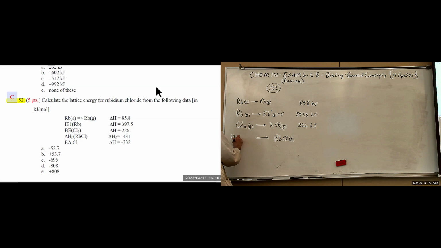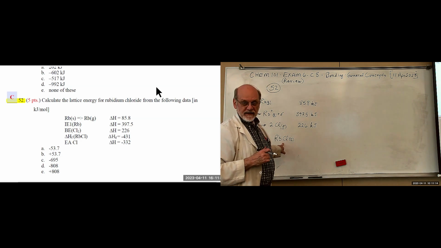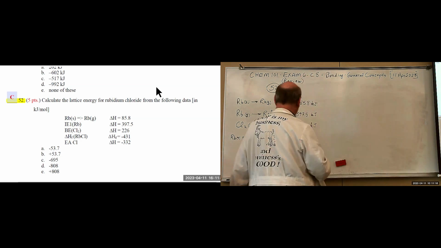So rubidium would be a solid, and chlorine would be a gas. But we only need one of them. So it's like that: 1 rubidium plus a half of chlorine yields rubidium chloride solid. And that value is minus 431.